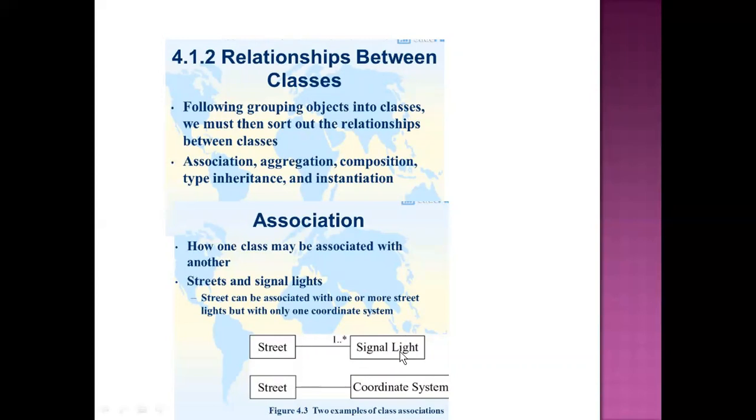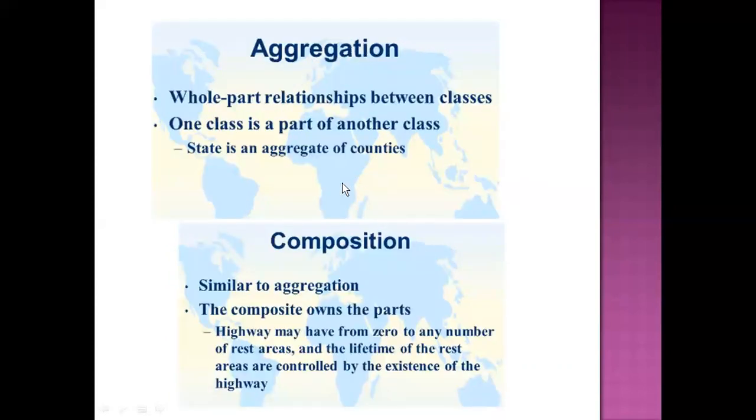Aggregation is a whole-part relationship between classes, where one class is part of another class. A state is an aggregate of counties. Composition is similar to aggregation, but the composite owns the parts. A highway may have from zero to any number of rest areas, and the lifetime of the rest areas is controlled by the existence of the highway.